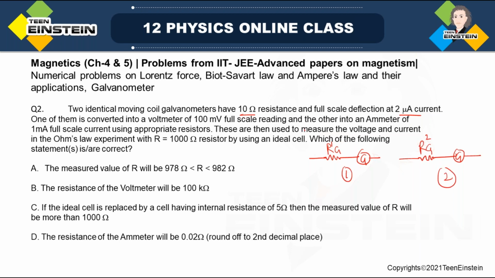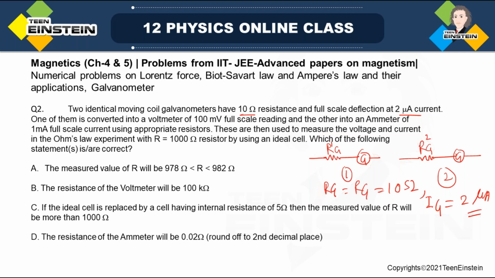Actually, they are identical to each other, and see the two identical moving coil galvanometers have 10 ohm resistance and full scale deflection at 2 microampere current. That means Rg for both of them, the internal resistance of the galvanometers, is 10 ohm, and full scale deflection for both is 2 microampere. That means for both of them the maximum allowed current through the galvanometer is 2 microampere.